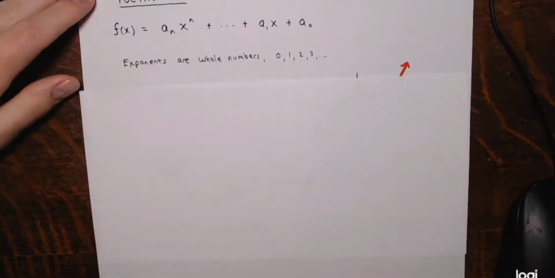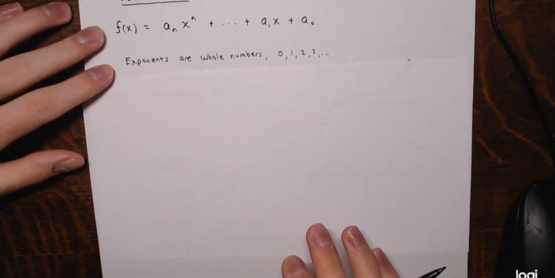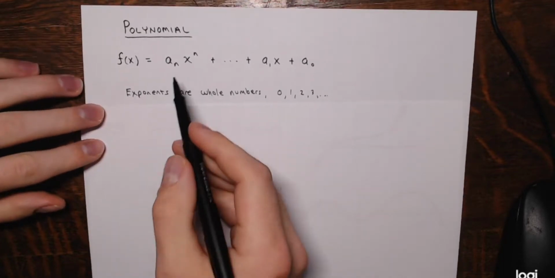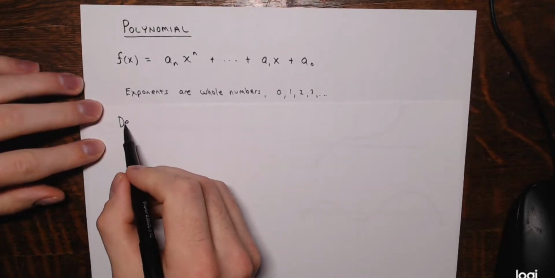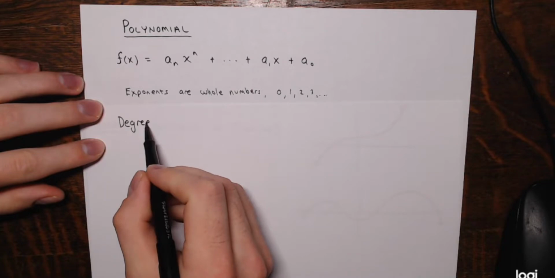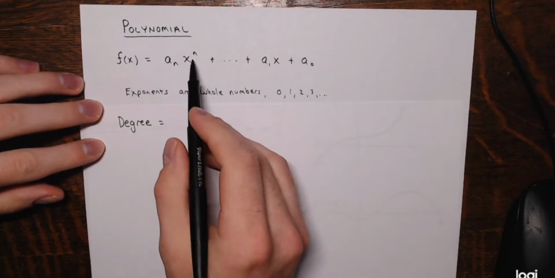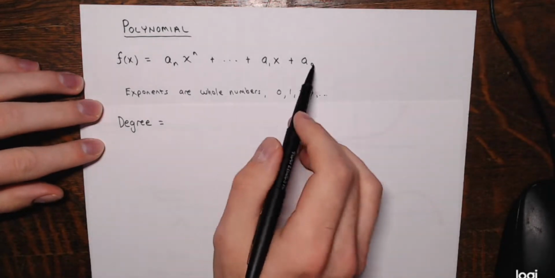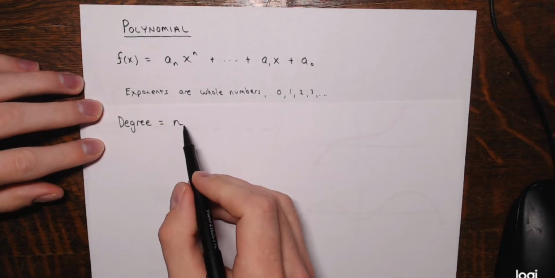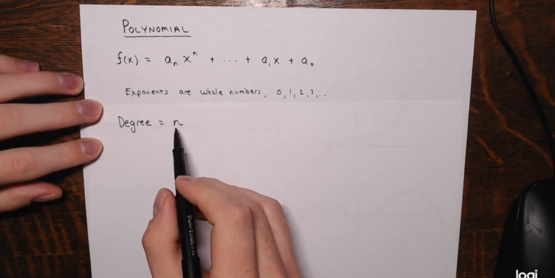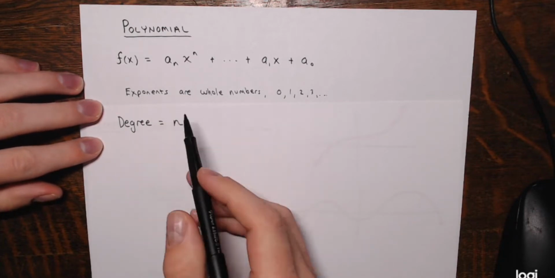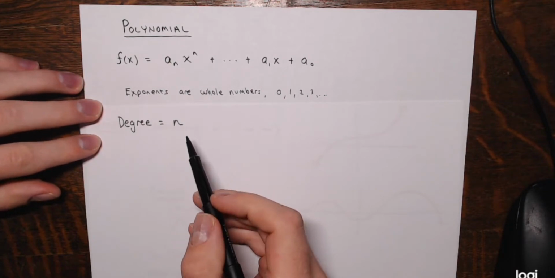Keeping the whole polynomial up here, remember, the degree is just the highest power. It's the exponent on the variable in the highest powered term, the leading term.